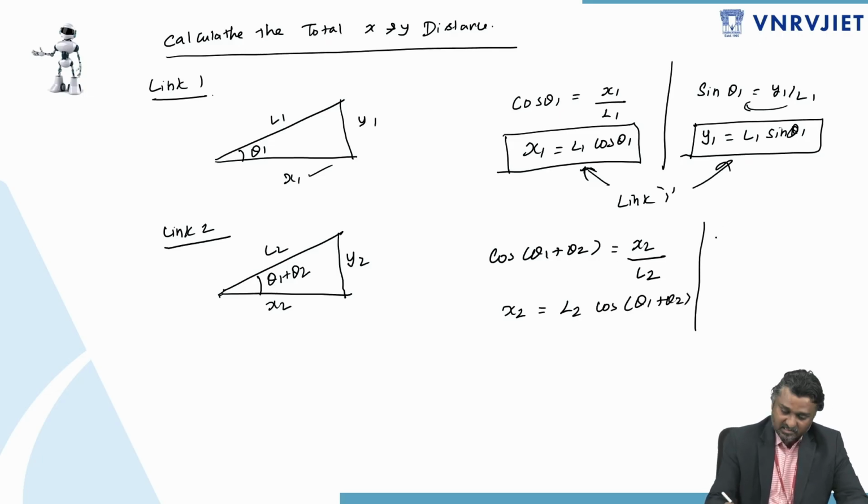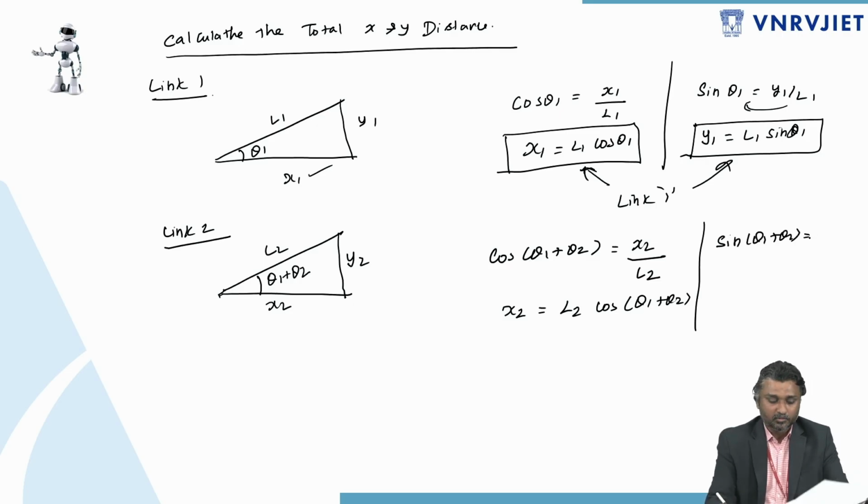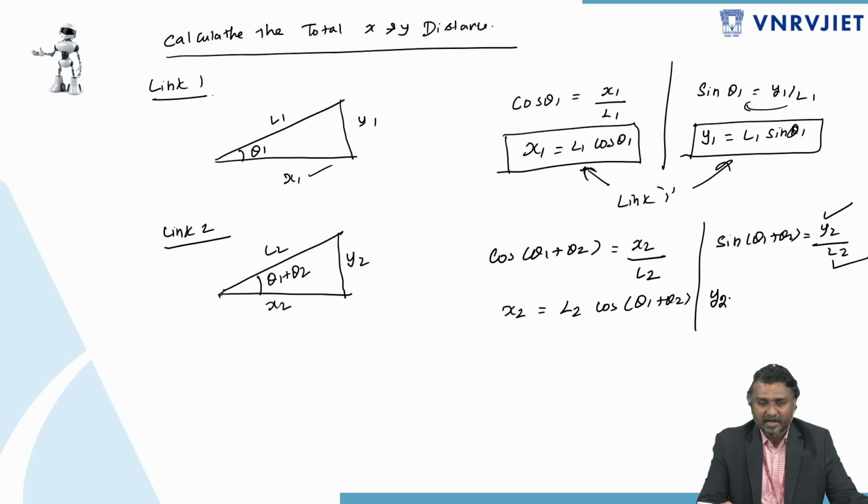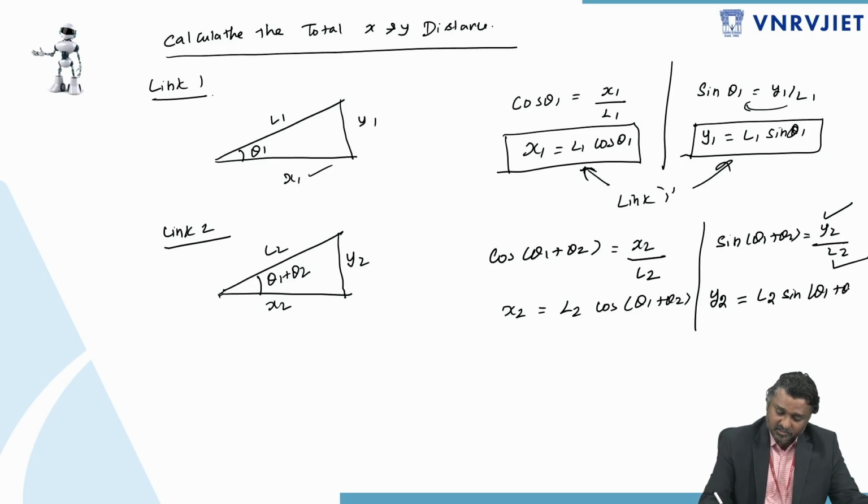And sin theta 1 plus theta 2 is equal to y2 by L2, where y2 is the y distance for link 2 and L2 is the link length for link 2. So y2 is equal to L2 sin theta 1 plus theta 2.